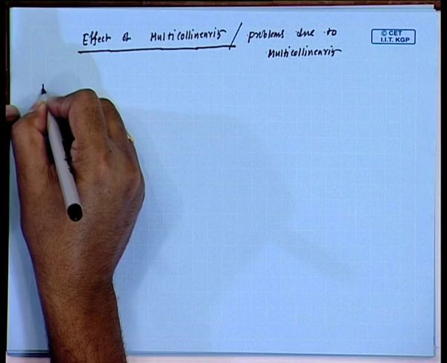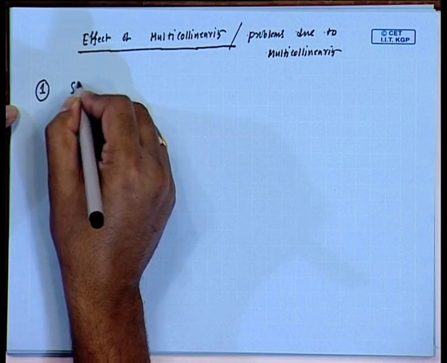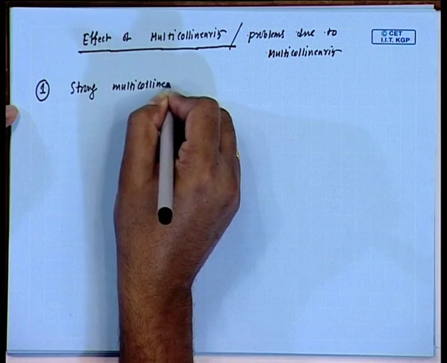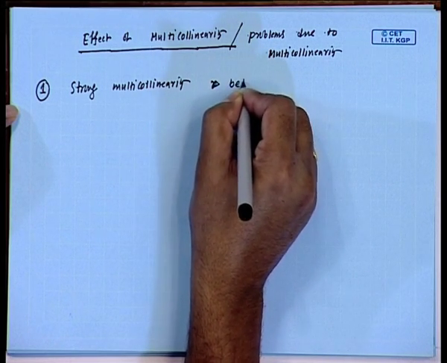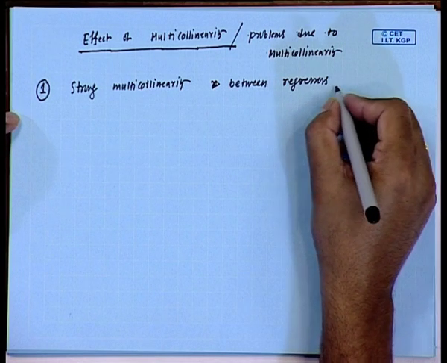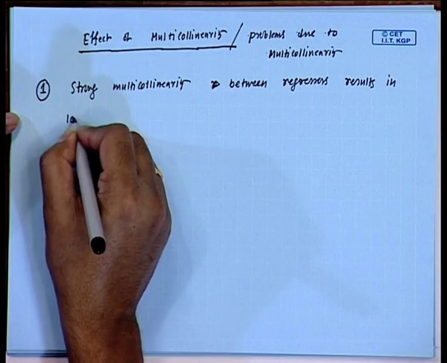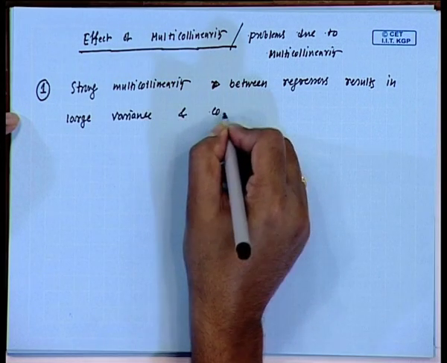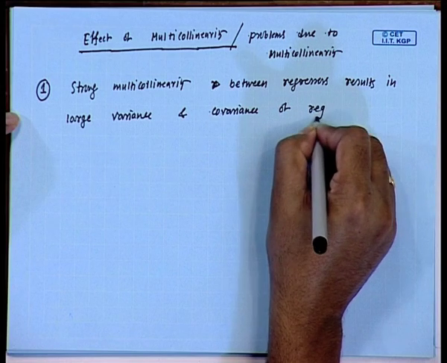So, the first one says the strong multicollinearity between regressors results in large variance and covariance of regression coefficients.